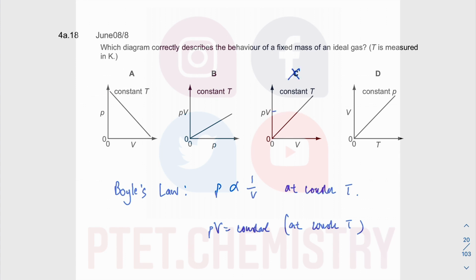So that is incorrect. That should be right. Again, PV should be a constant. So that is incorrect. That should be right. This is incorrect. So P against V is an inversely proportional graph. So this is what it will look like if you do Boyle's law correctly.